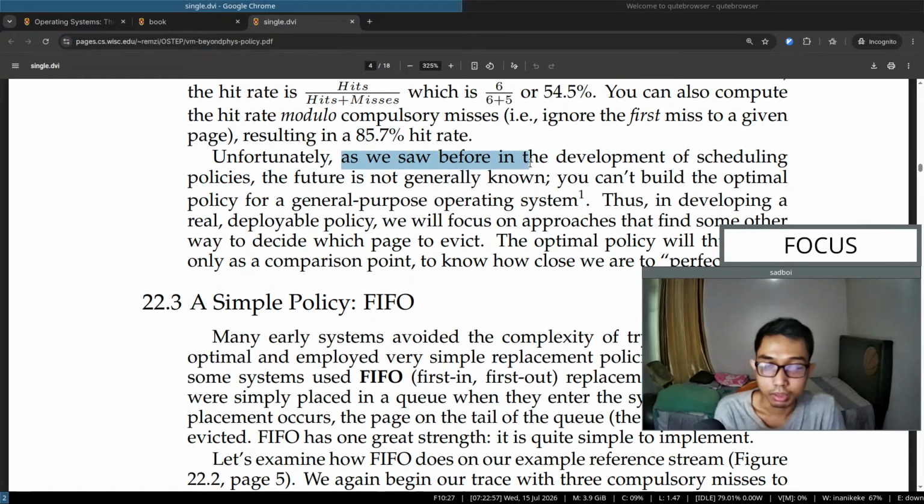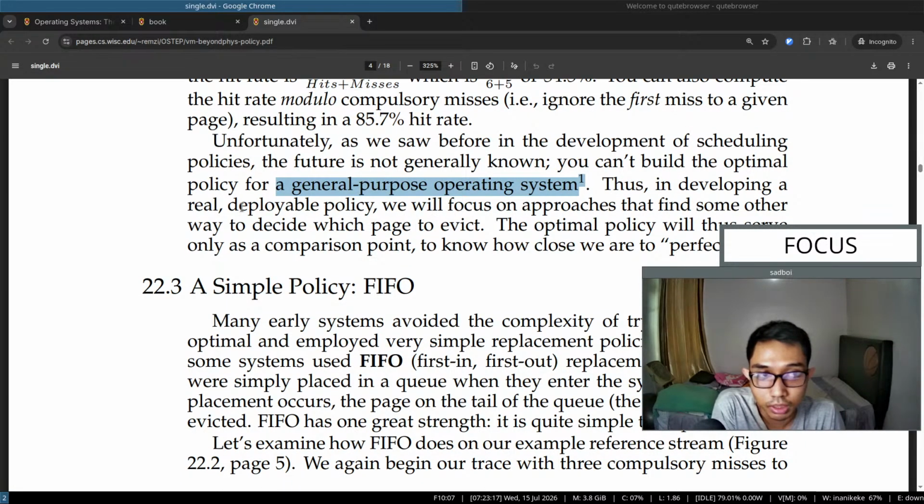Unfortunately, as we saw before in the development of scheduling policy, the future is not generally known. Again, this is the difficult part. You cannot build the optimal policy for a general-purpose operating system.